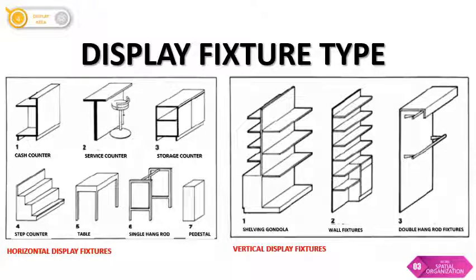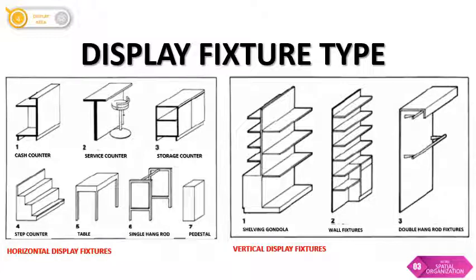The first one is normally horizontal display features, and then another one we call vertical display features. So under the horizontal display features, you can find there are cash counter type, service type of display, storage counter type of display, the step counter, the table, the single hang rod, and also they have a pedestal.